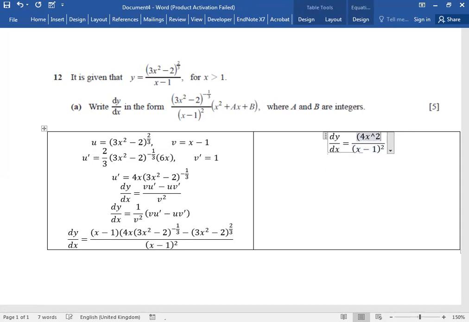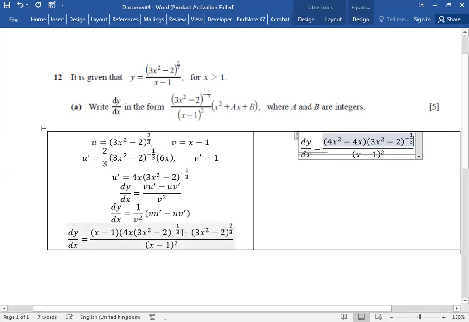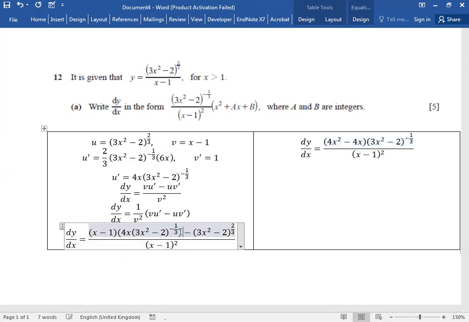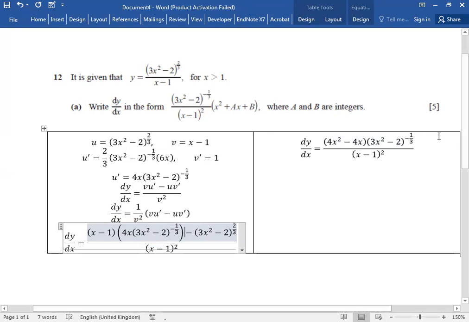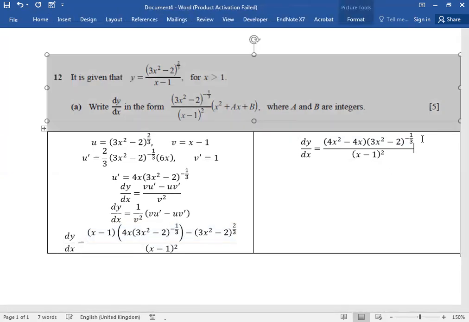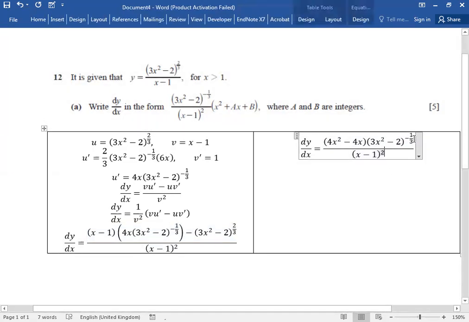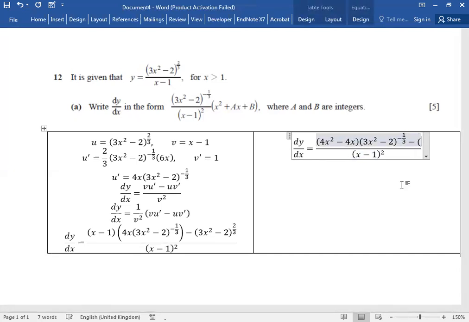I'll write it as 4x square minus 4x into 3x square minus 2 to the power negative 1 over 3, close the bracket here, and minus 3x square minus 2 to the power 2 over 3.